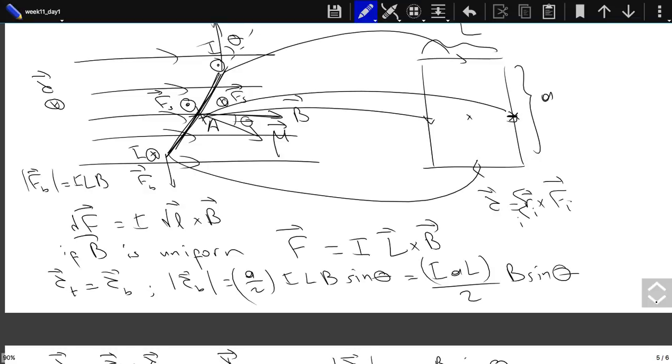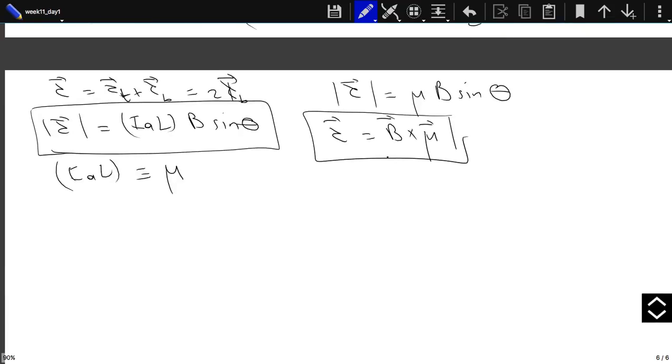You see, let's consider this force. This is R, this is F. R cross F is towards you, not away from you. So the direction of the torque is out of the screen. So the torque is mu cross B. This is the correct expression.